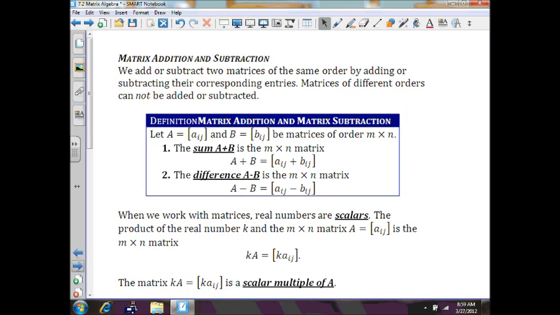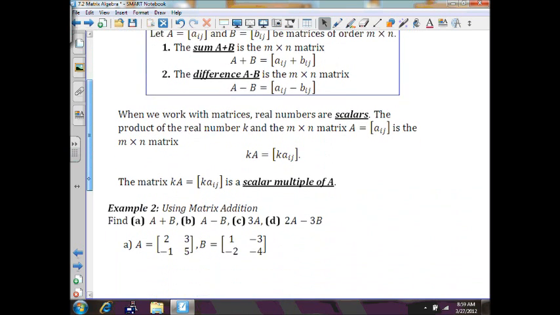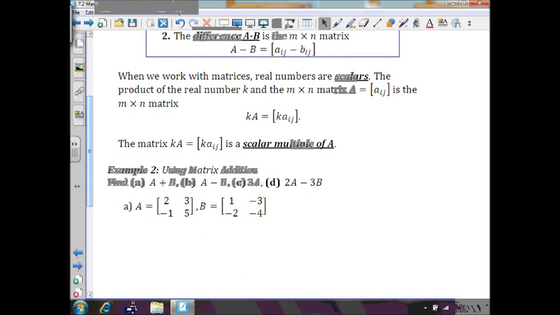So really, we're just going to add the same elements in the same direction. Now, we can also multiply our matrices by a scalar. The product of the real number k and the M by N matrix will be k times each entry.